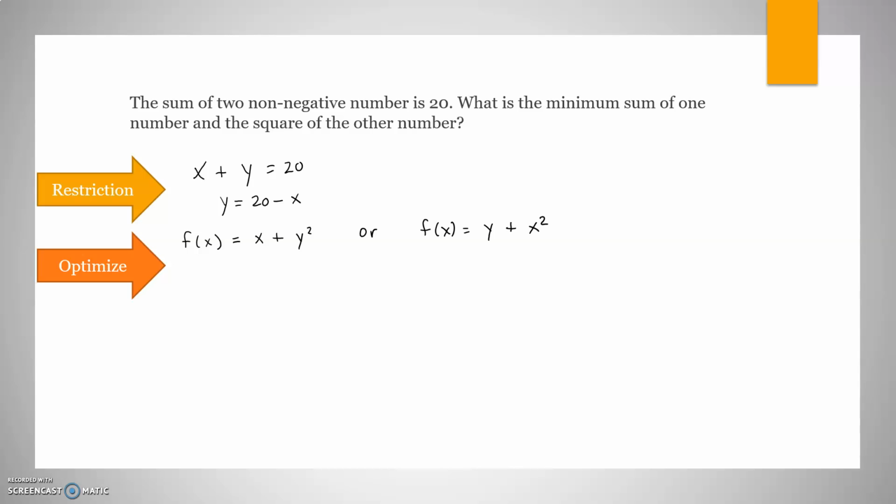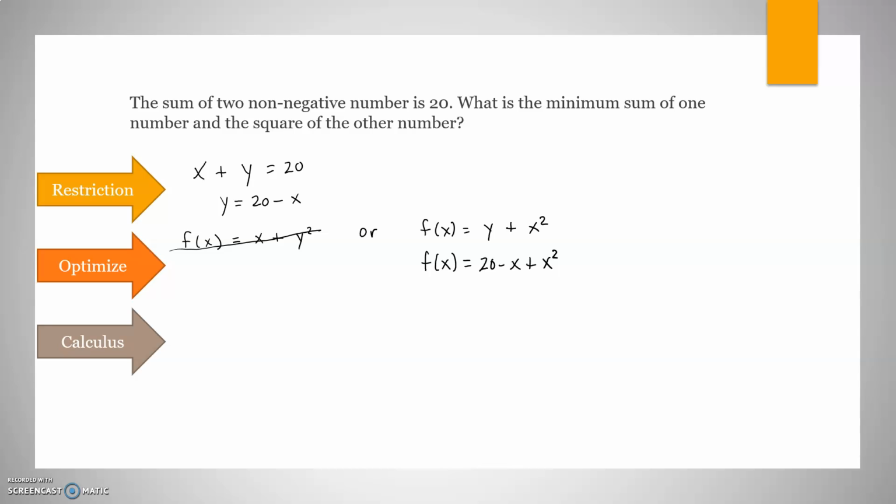Either one of these two equations would be an okay equation to use. Because I'm squaring y and y is a whole function, I'd actually rather not use this one. I'd rather use this one because it's easier to look at. So I'm just going to have 20 minus x plus x squared for what I'm trying to optimize.